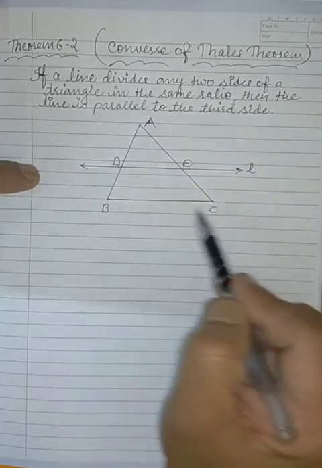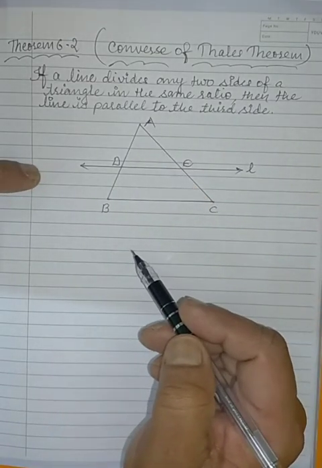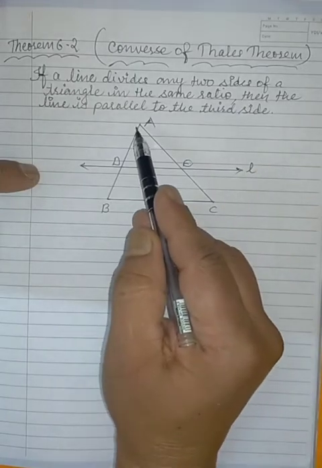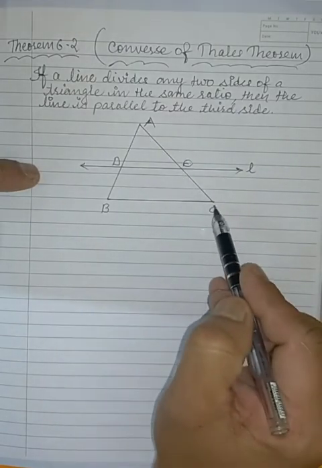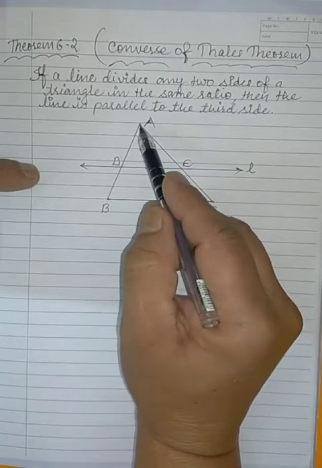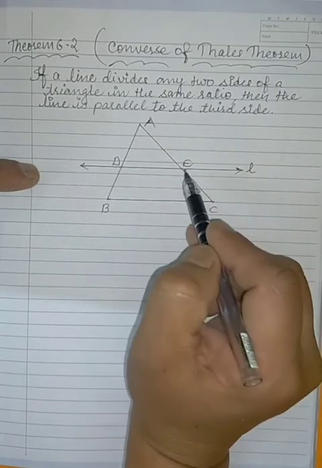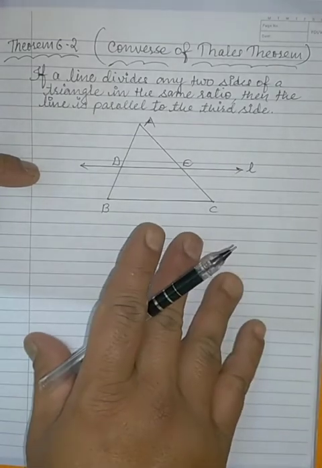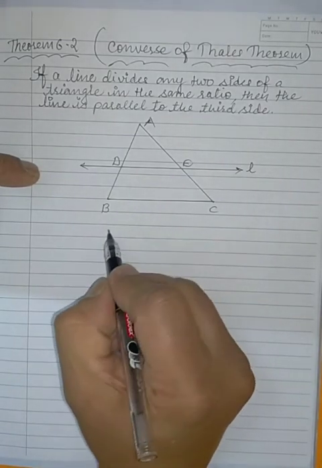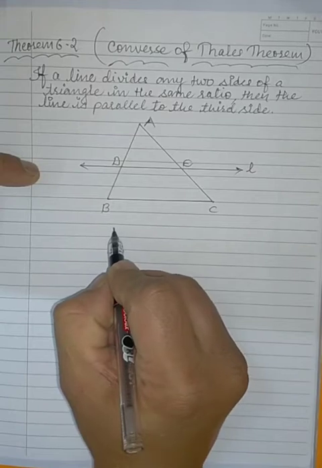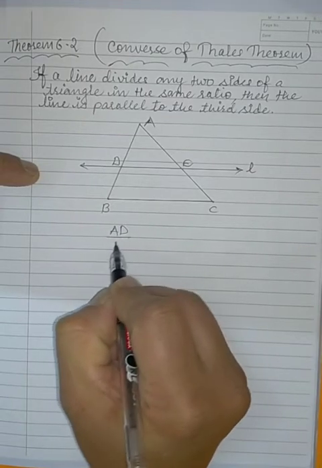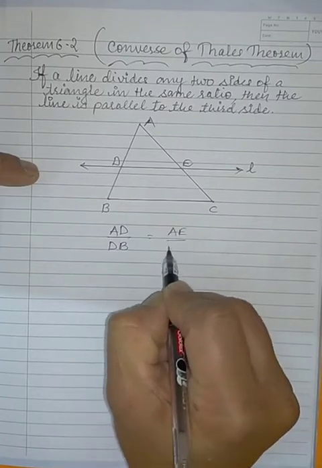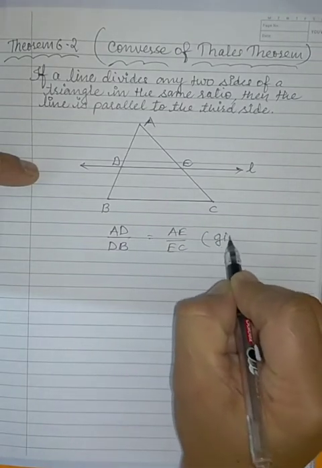So we are given a triangle ABC, and given that a line L is dividing sides AB and AC in equal ratio, that is AD upon DB is equal to AE upon EC. This we are given. It is given.